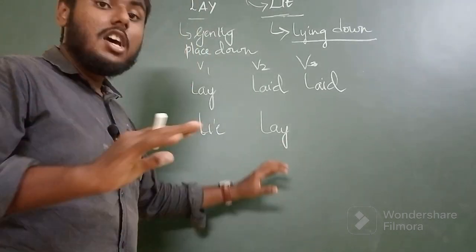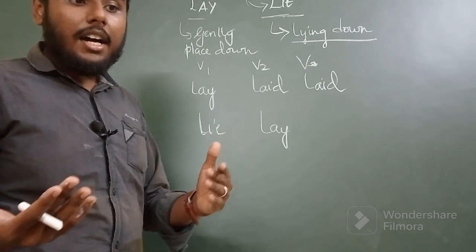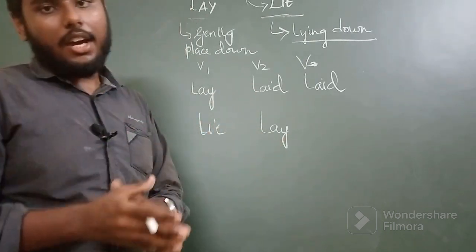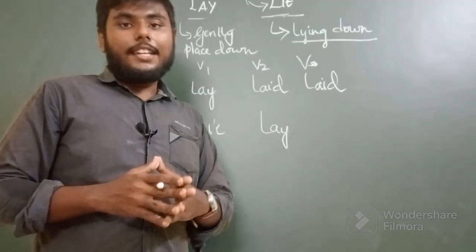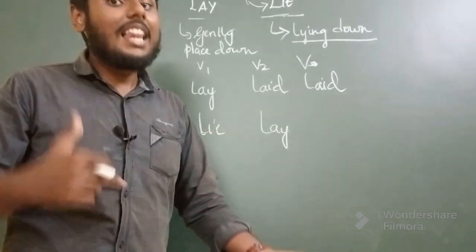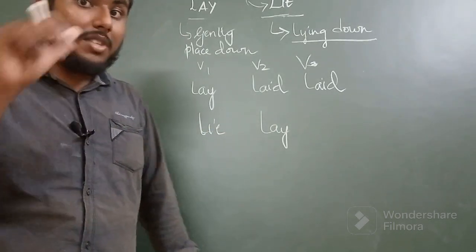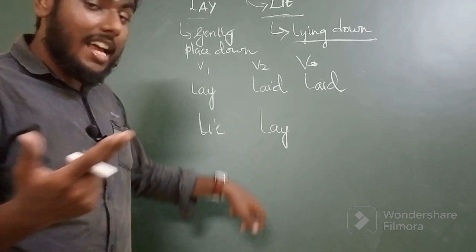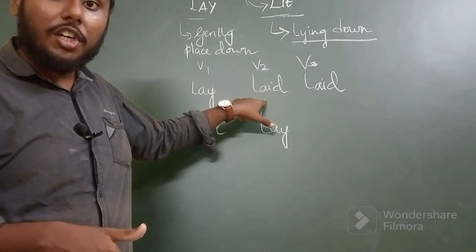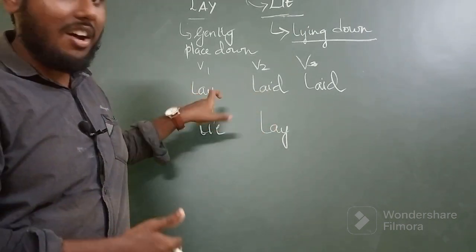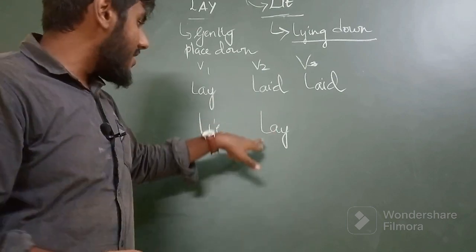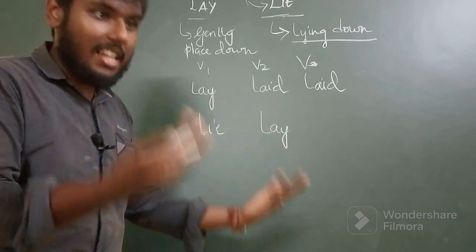This means that you have already lain down in your bed. Not laid down, it's lay down. So I am not using the D sound here, and if I use the D sound, that means the other lay. So that's the V2 form of lie, that's lay.